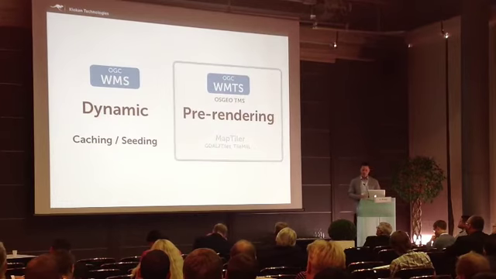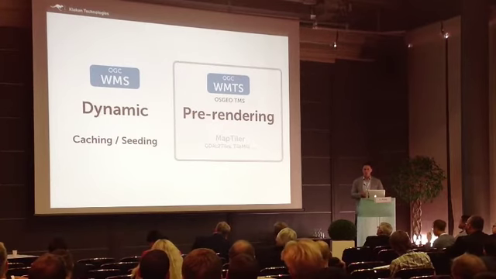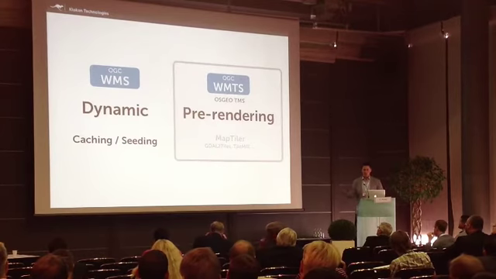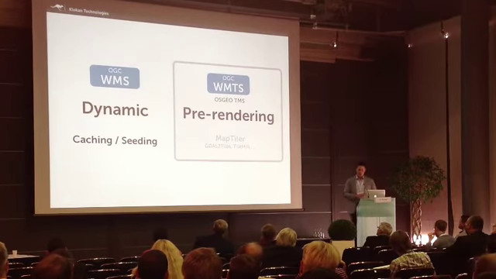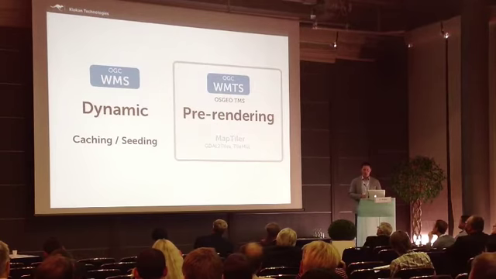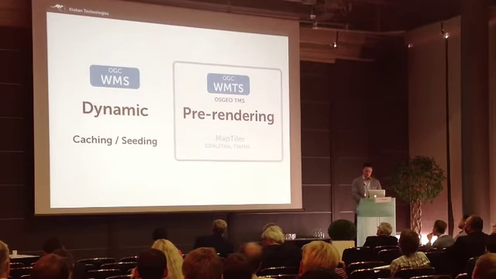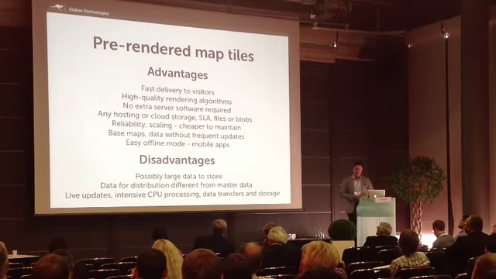The other approach is pre-rendering, where the raw data which you hold on your computer are pre-processed before they are put online, and this is the approach which we are speaking about, and which was standardized two years ago under OGC WMTS.